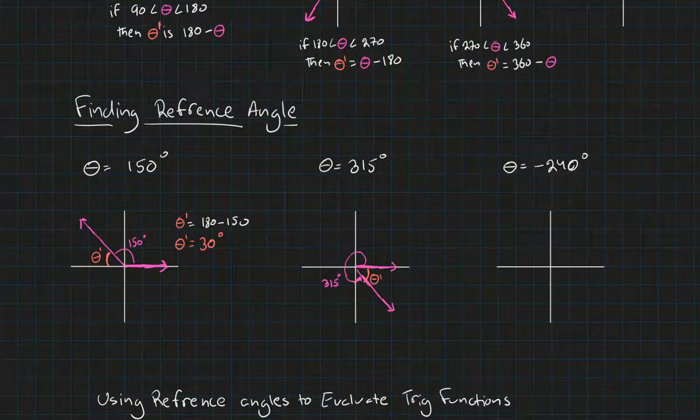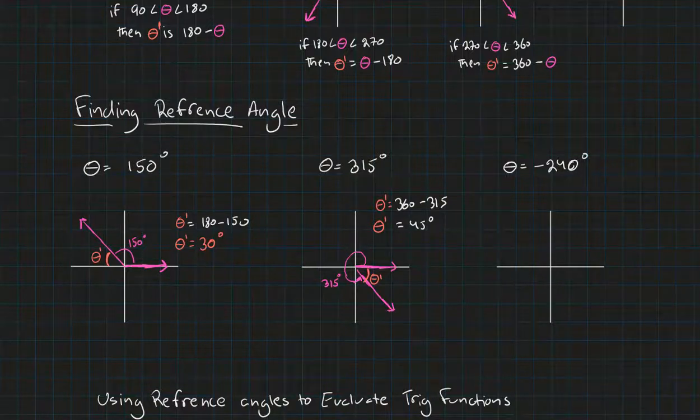Theta prime is going to be 360 degrees minus 315, which is 45 degrees. 45 degrees is the reference angle.